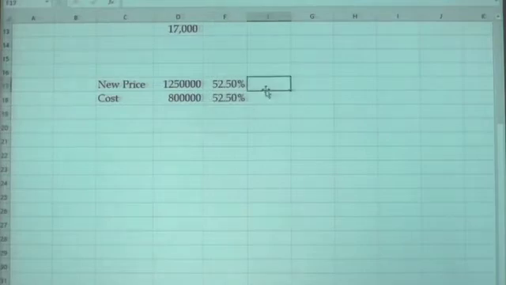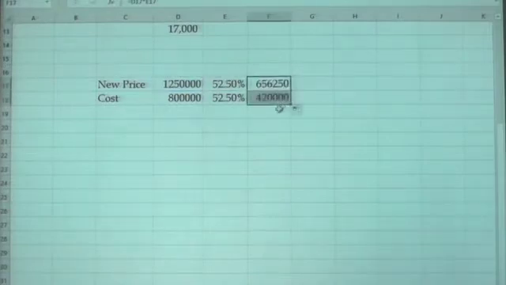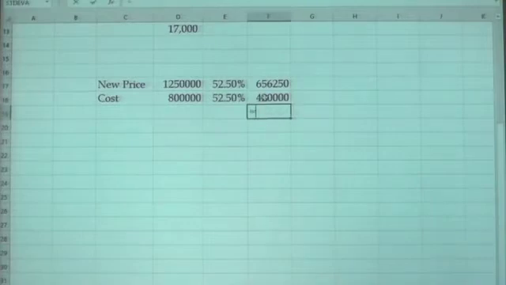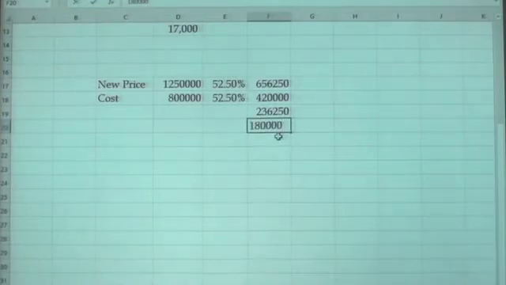If you calculate the new profit according to the changes, the new profit will be new revenue minus the original cost: 236,250. Clear? Originally you have recognized 180,000 profit, remember.